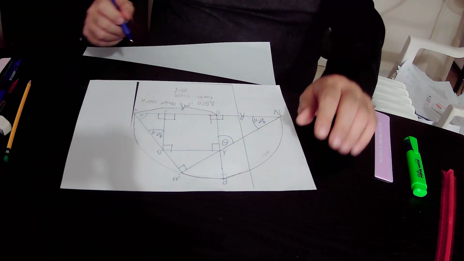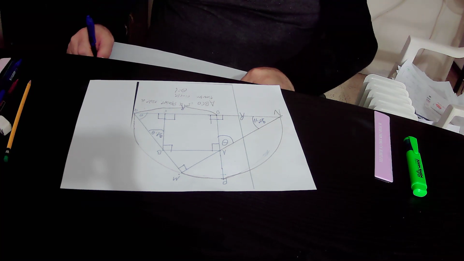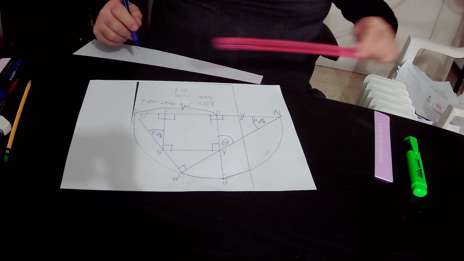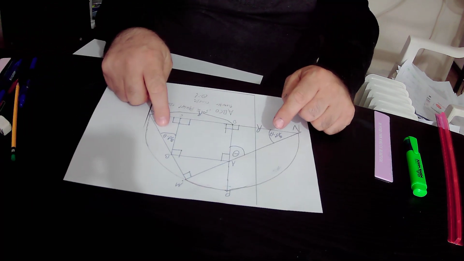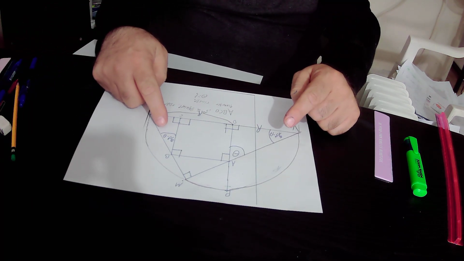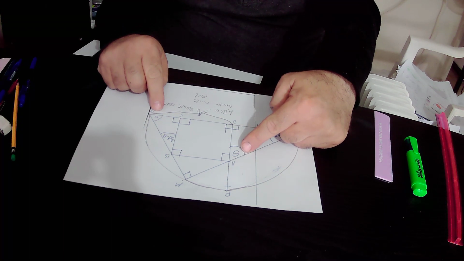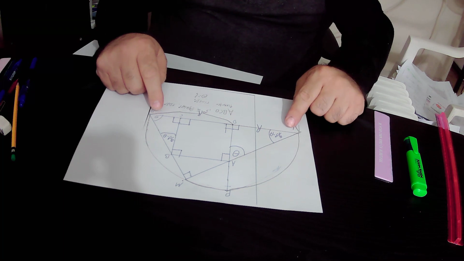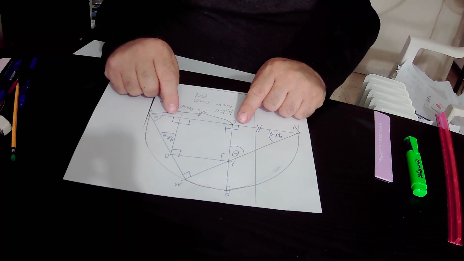So we found out that all the angles of the right triangle AON match all the angles of the right triangle BCQ. Why? Because both triangles have this angle theta, both have an angle that is 90 degrees minus theta, and both have right angles.